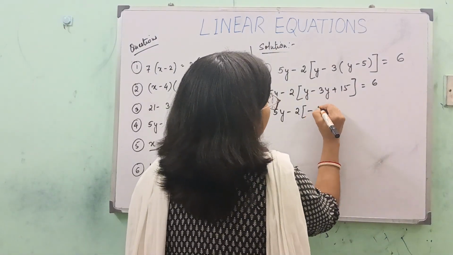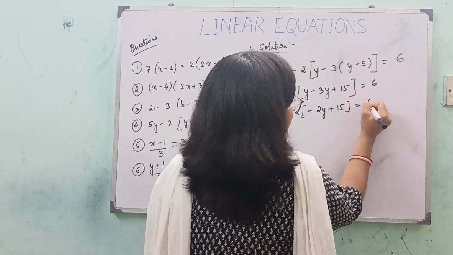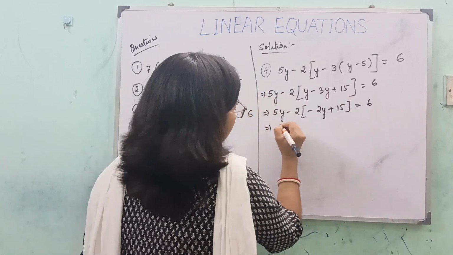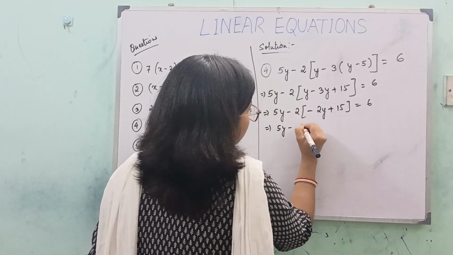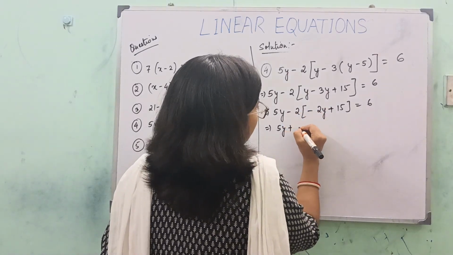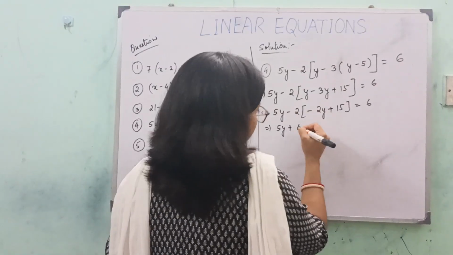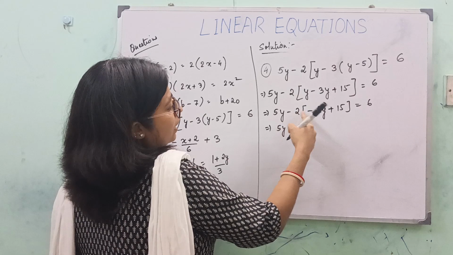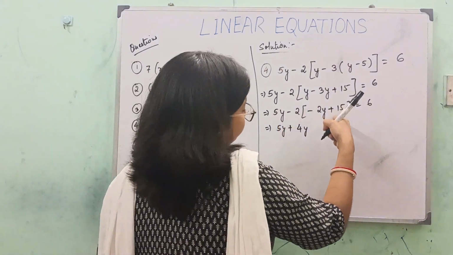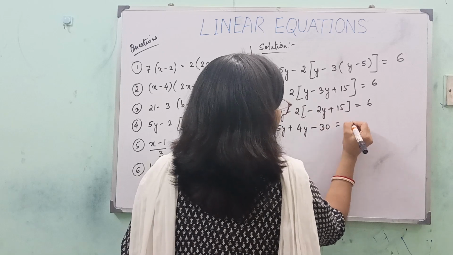So this becomes minus 2y, to reduce the number of terms so as to make your calculations faster and free from errors. So now this minus 2 gets multiplied, minus into minus is plus, so plus 4y, and here minus into plus is minus, so minus 30 is equal to 6.